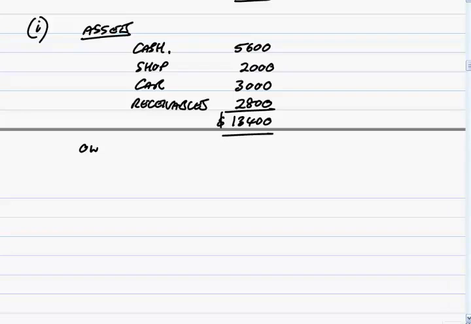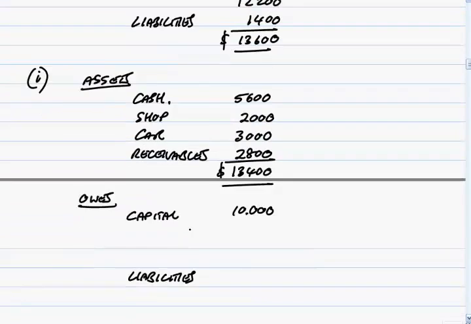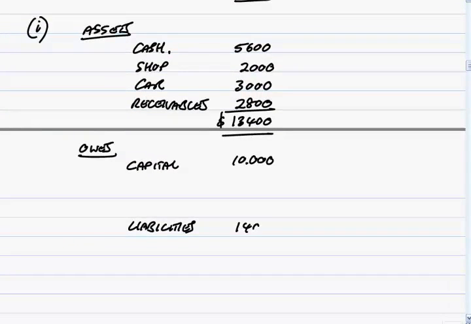What do we owe? The original capital was 10,000. Again, leave a space. Liabilities. How much were we owing? 1,400. And of course that hasn't changed, we haven't paid any more.